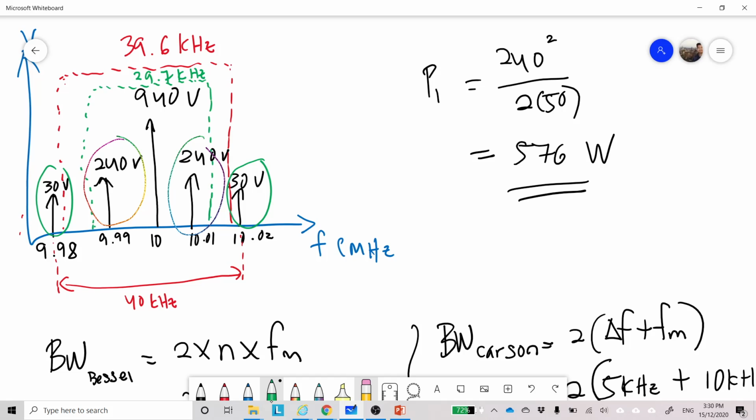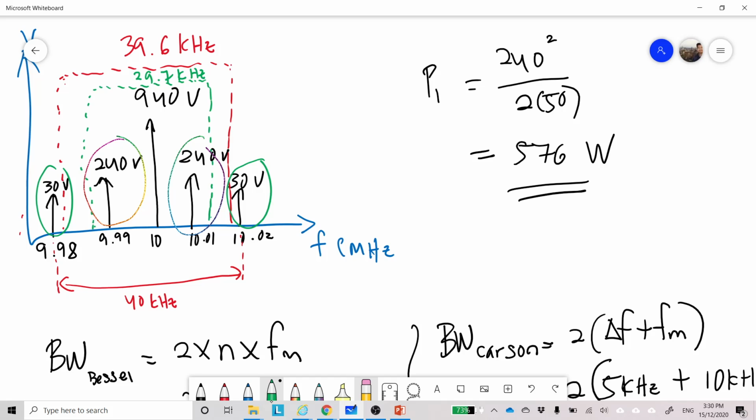So therefore the power in the smallest sideband for the 40 kilohertz of the bandwidth is equal to 30 square divided with 2 times 50. Okay, itu kalau kita tidak mengira 99%, if we consider the whole bandwidth.